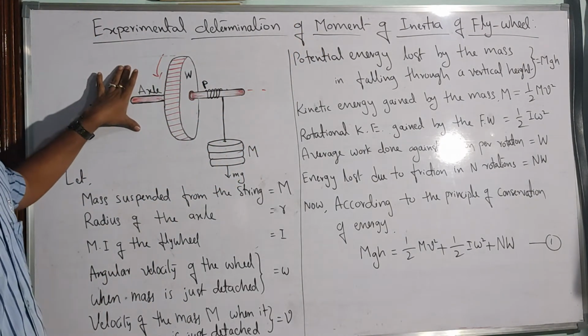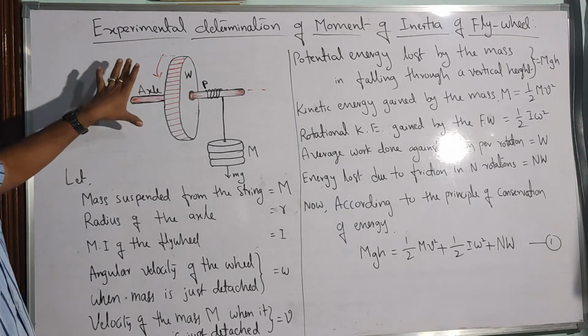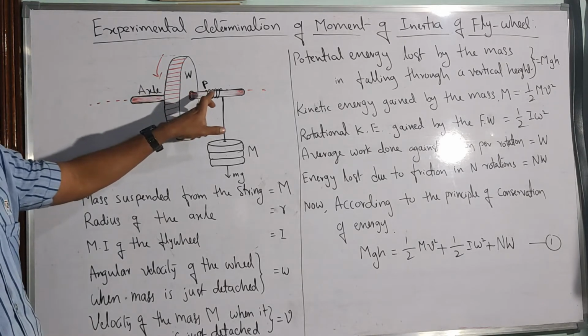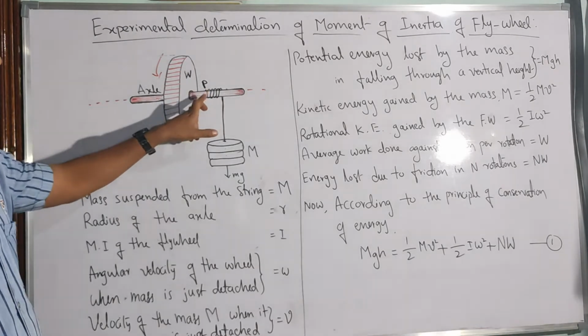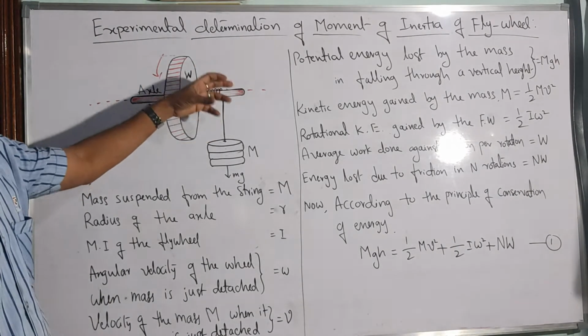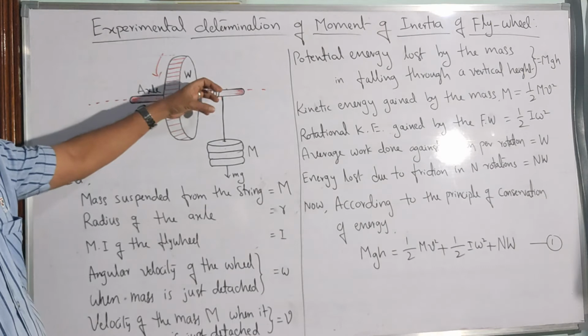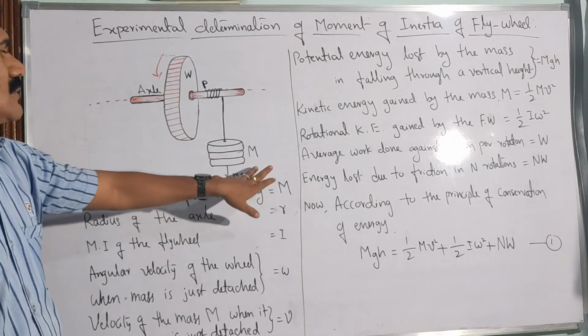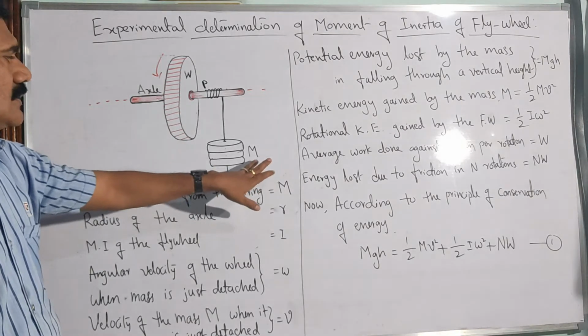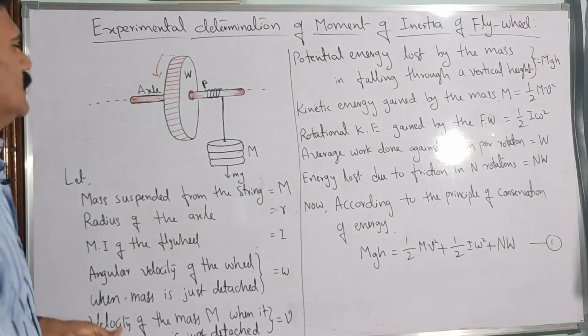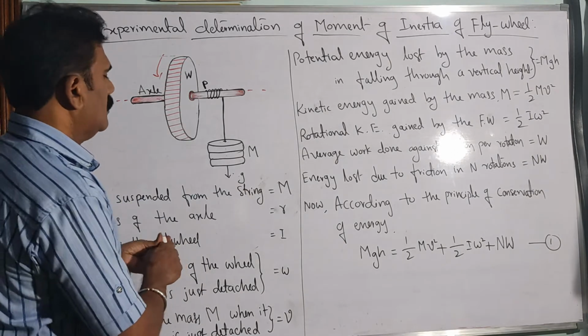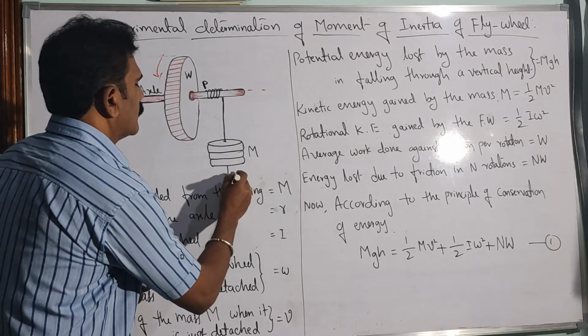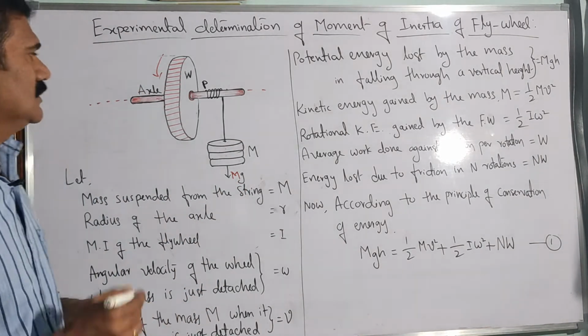So how are you using the flywheel in the experiment? As I told, you have to fix the thread at the peg and wind that thread some number of turns on the axle, and the other end is fixed to some known mass. Let us consider that the total mass of the hanging weight is equal to capital M, right? Then its total weight is equal to M into g.